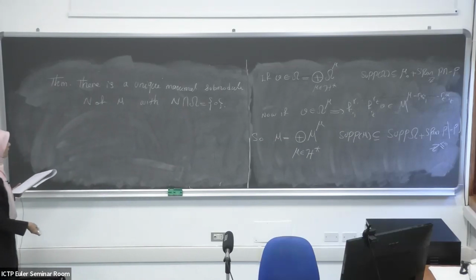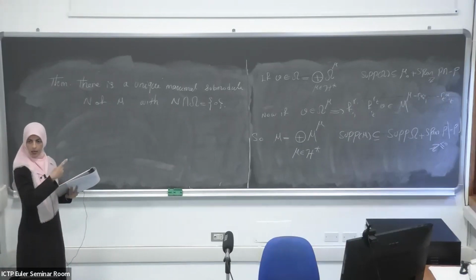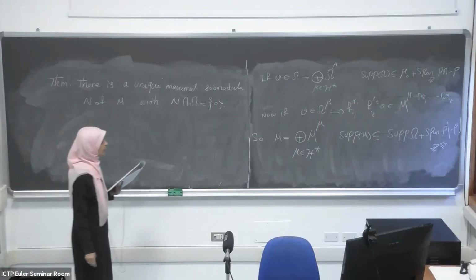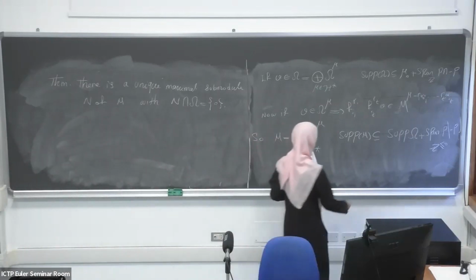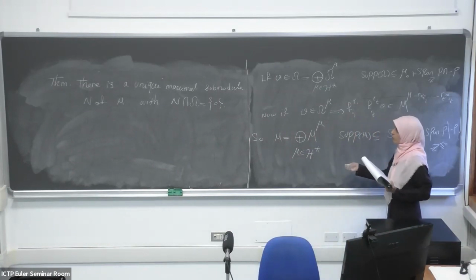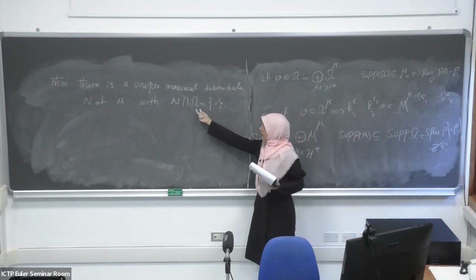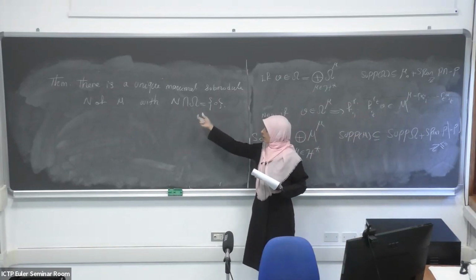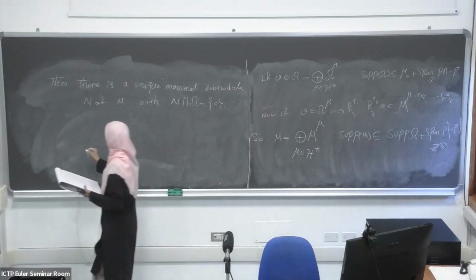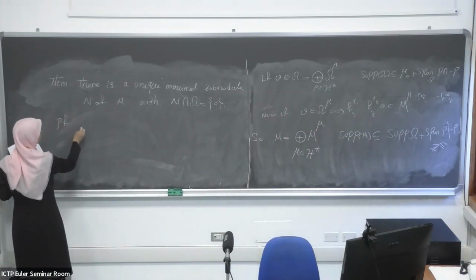And so we can prove that there is a unique maximal submodule N of M with N intersection omega to be 0, and the proof is similar to the one that I proved in the previous example. The only difference was that here omega is not one-dimensional. It is in general, but let's look at the proof.